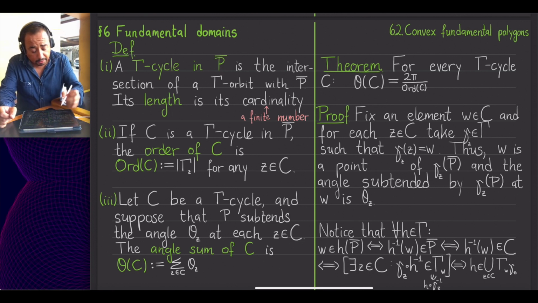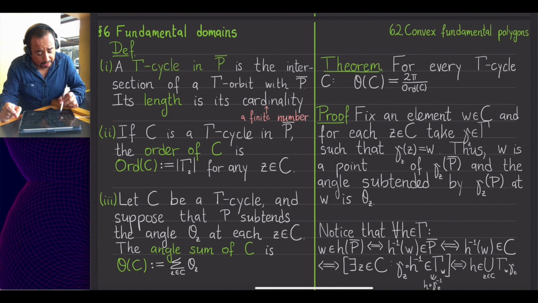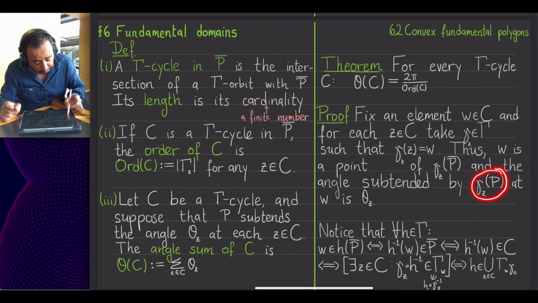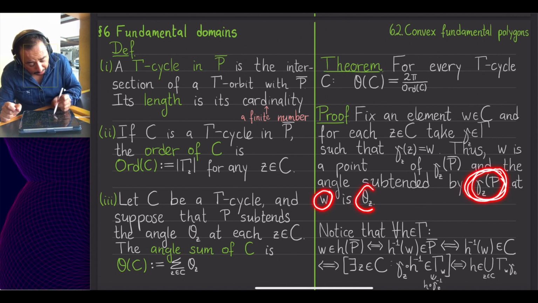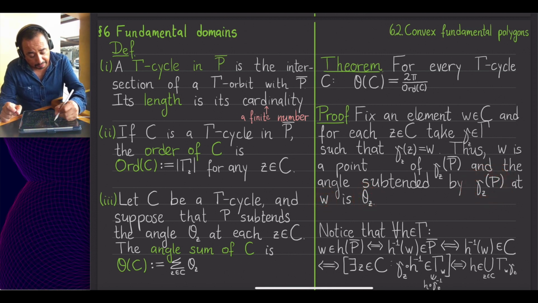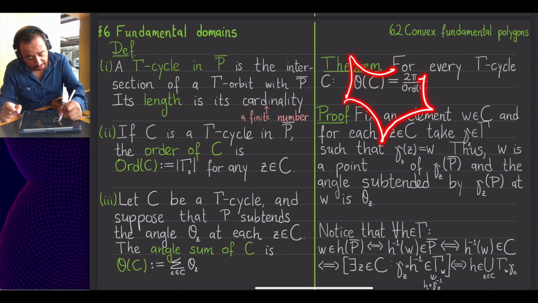And moreover, the angle subtended by gamma Z of this hyperbolic polygon at W is theta Z. And this is because, you see, let's say that W is here, and that Z is here.